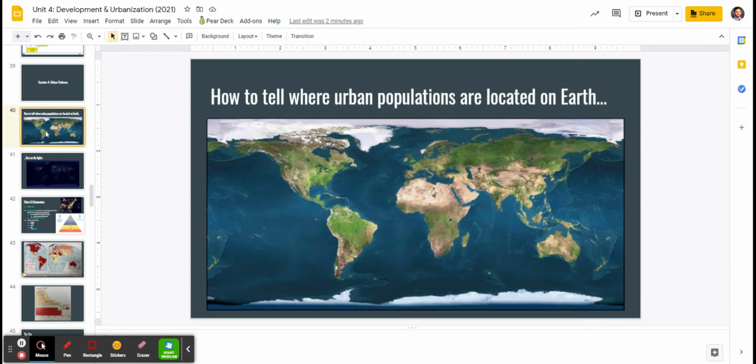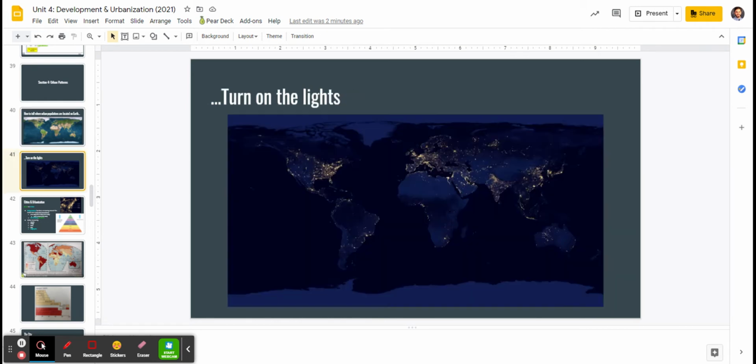So how do we tell where the urban populations are located on Earth versus suburban? Well, the easiest way to do it, in my opinion, is to just turn on the lights. So as you can see here in this image, this is a satellite view of the world from space at night.